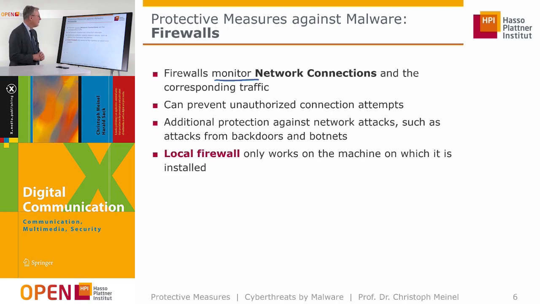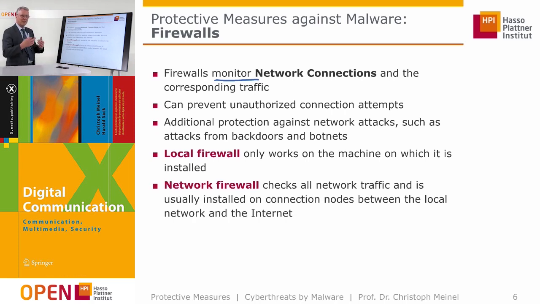There are local firewalls, which are installed on your machine and only are able to check the traffic of your machine with the network. And the other type is a network firewall, which checks all network traffic and is usually installed on connection nodes between the local network and the internet. So with a network firewall, all the traffic is considered.